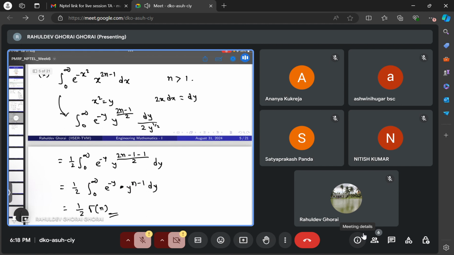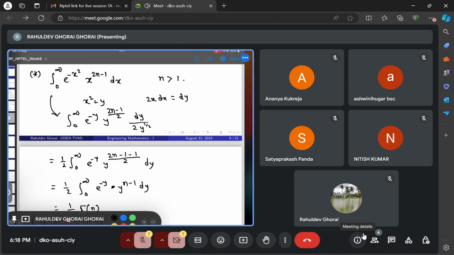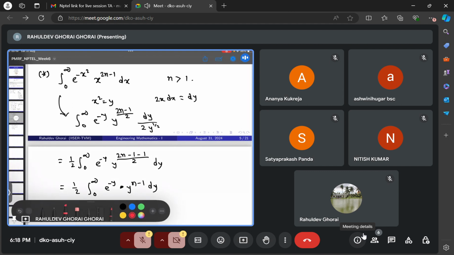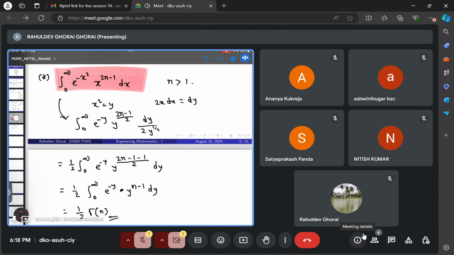When you start, this type of integral looks weird and is not easy to handle, but if you know the gamma function definition, you can use that to determine the value of the integral, okay?